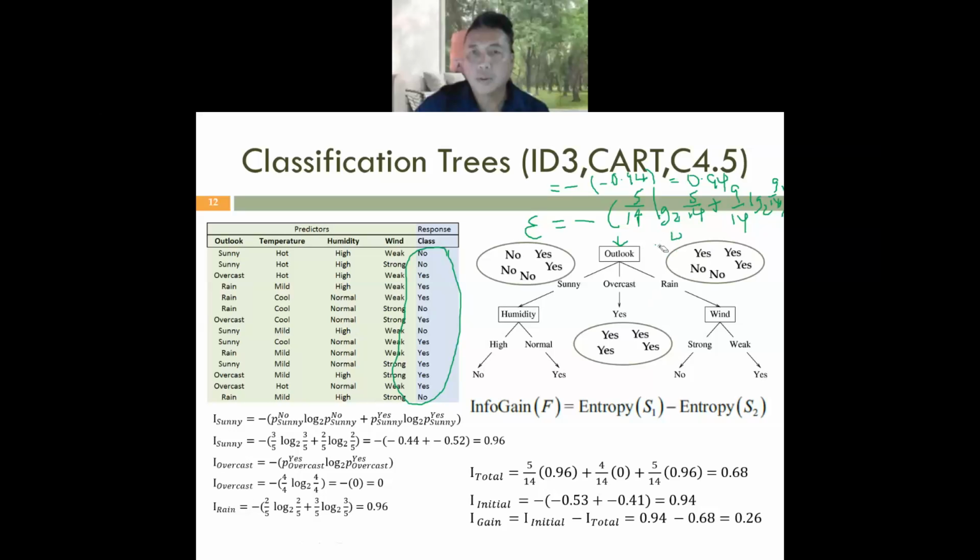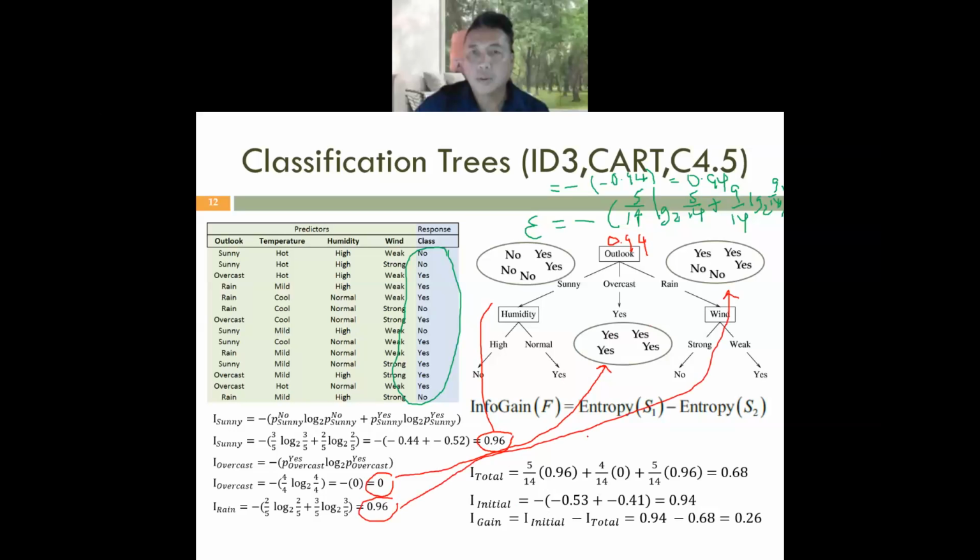Let me change to a different color. The value is 0.94 before splitting. After the splitting, this is the entropy value for the sunny, this is the value for the overcast, and this is the value for the rain.